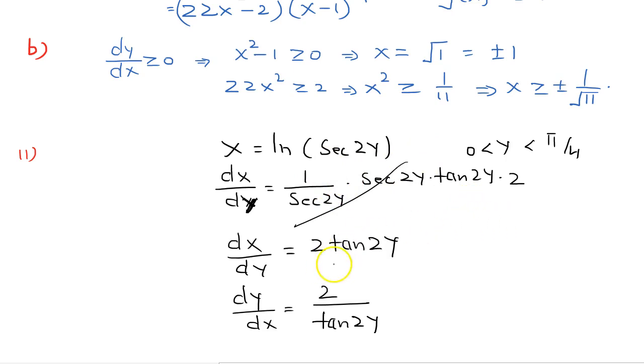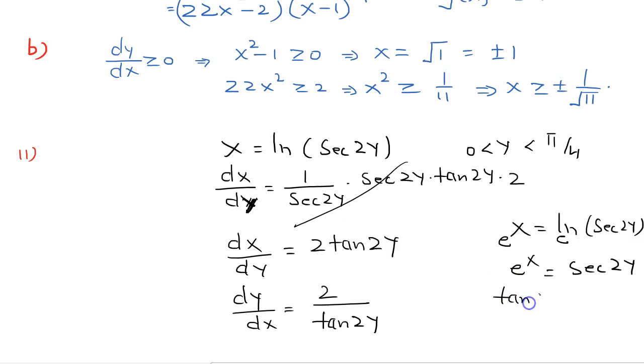Now our equation is x is equal to ln sec 2y. So if we write it like this, e to the power x is equal to sec 2y, and if we use the formula, we know that tan 2y is equal to root of sec square 2y minus 1.